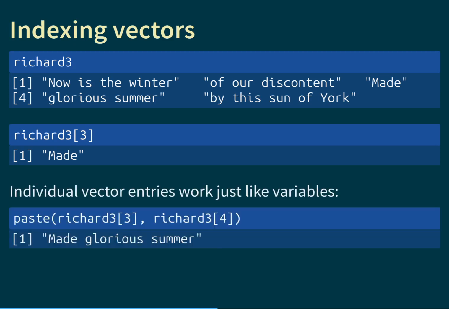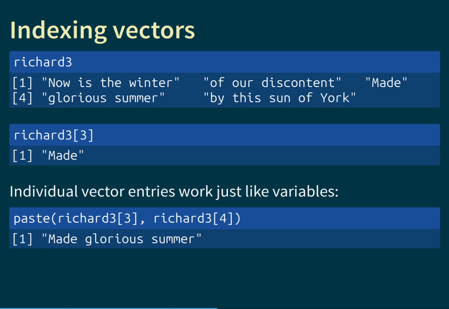To convince you furthermore that the individual vector entries really are just normal standard character string values, we will show that one can use the usual functions on them. So for example, last time around we learned about the paste function, which takes 2 character strings and merges them into one.